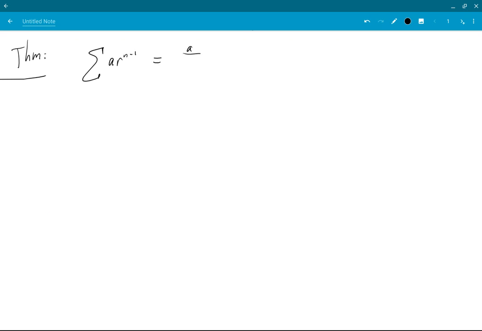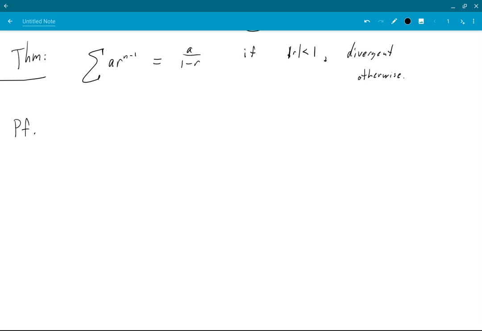It is a over 1 minus r if r is less than 1 in absolute value, and it's divergent otherwise. Okay, so I'll talk about that proof in my next video.